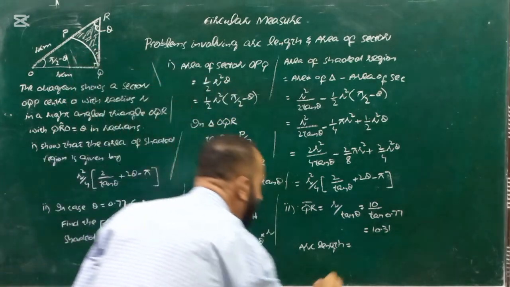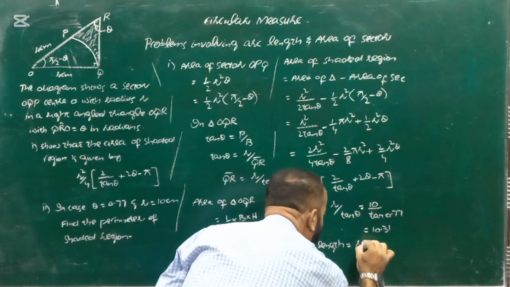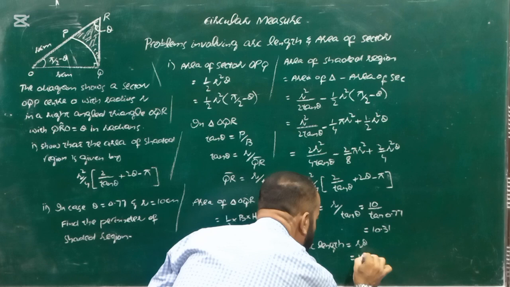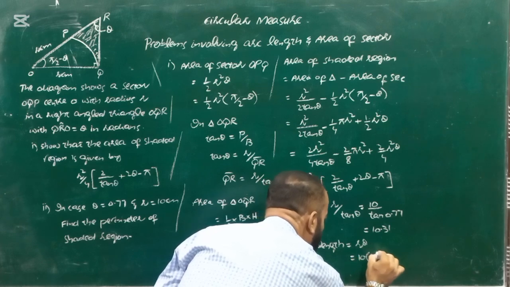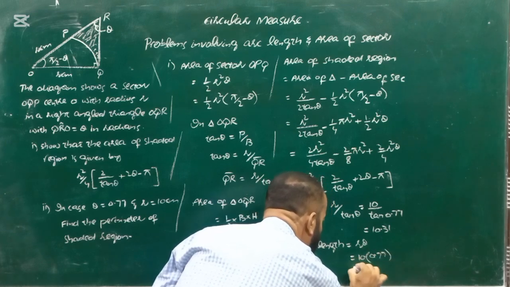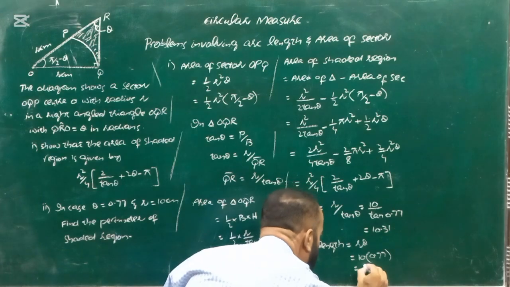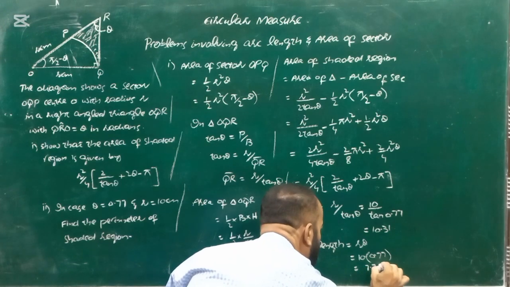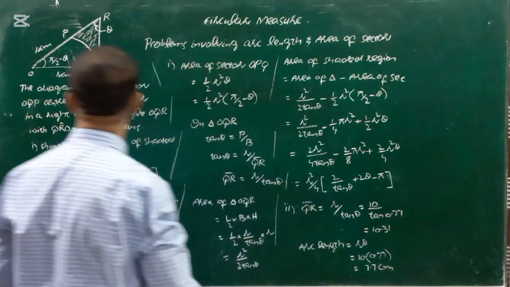S is equal to r theta. Radius is 10, theta is 0.77. So 10 into 0.77 will be equal to 7.7. So this is also done.